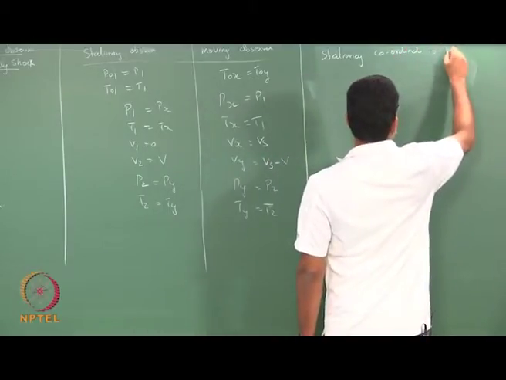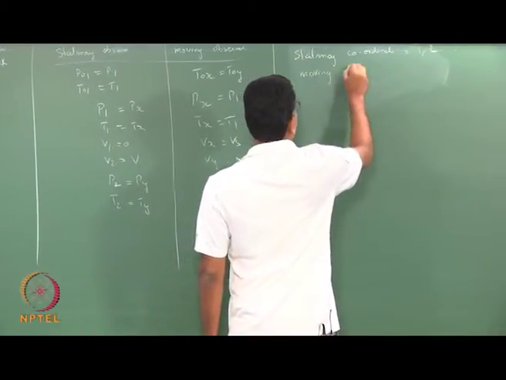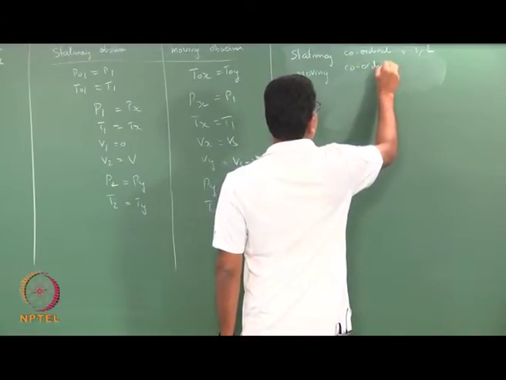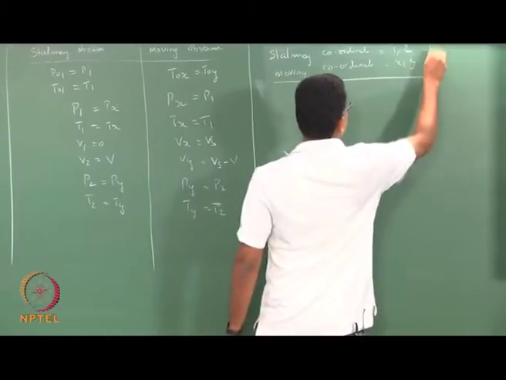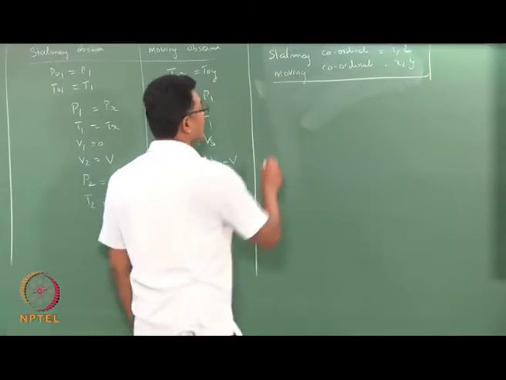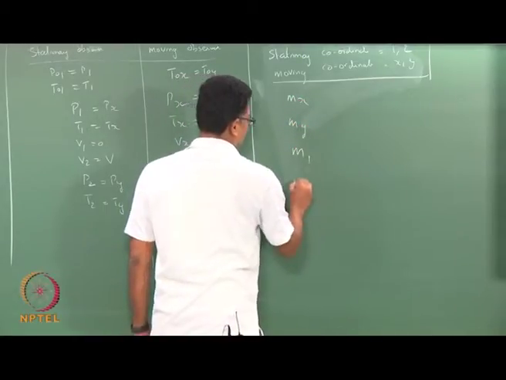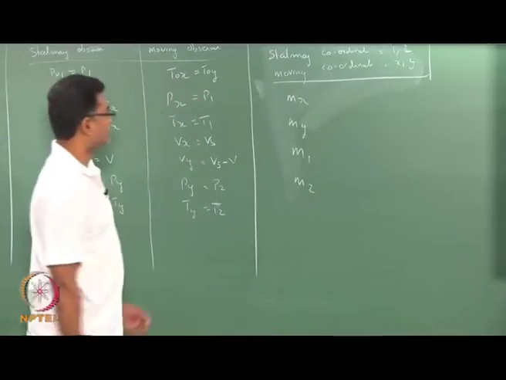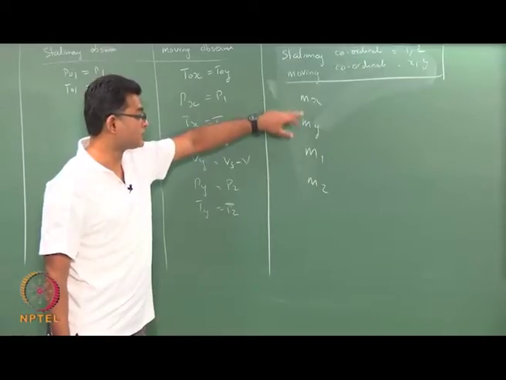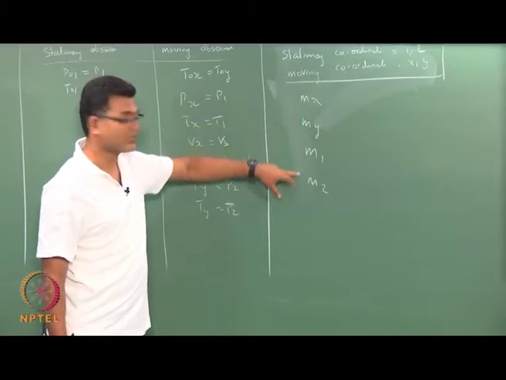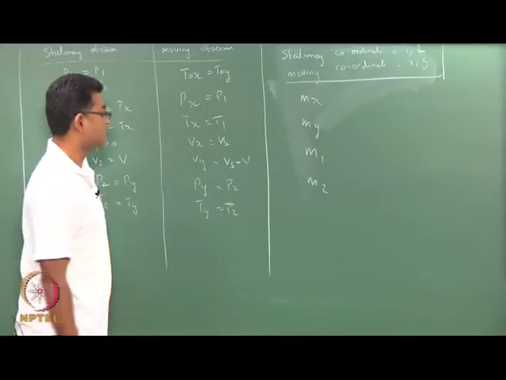Stationary coordinates is 1 and 2. Moving coordinates is x and y. So, we keep this notation which defines new quantities: Mach number xy before and after the shock in a moving coordinate system, and Mach number across the shock in a stationary coordinate system.